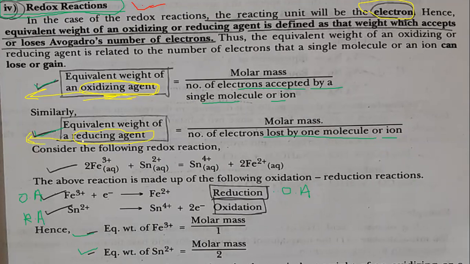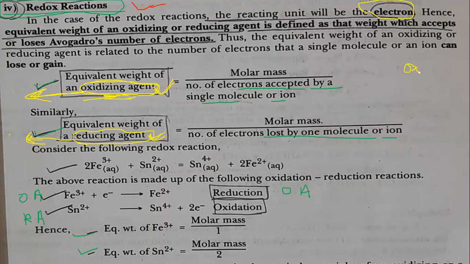So a reducing agent carries out the reduction of others, but it itself undergoes oxidation. An oxidizing agent carries out the oxidation of others, but it undergoes reduction. म्हणजे ऑक्सिडायझिंग एजंटचं स्वतःचं रिडक्शन होतं आणि तो दुसऱ्याचं ऑक्सिडेशन करतो. आणि रिड्युसिंग एजंट दुसऱ्याचं रिडक्शन करतो, पण स्वतःचं ऑक्सिडेशन होतं. And we know what is oxidation?